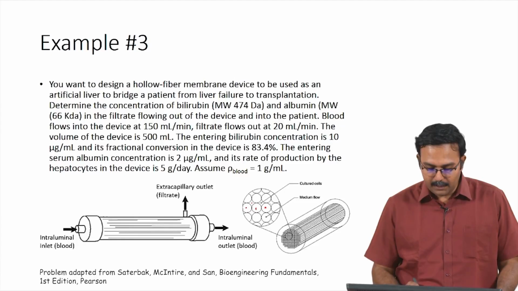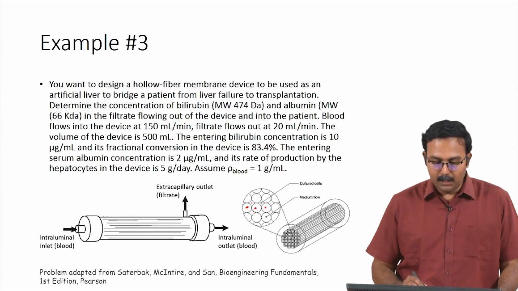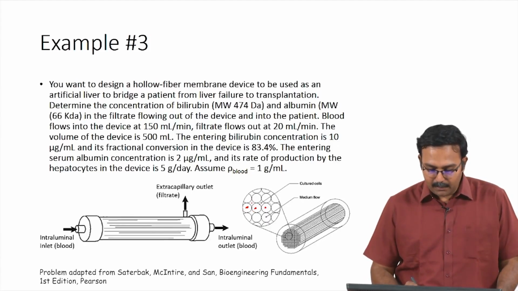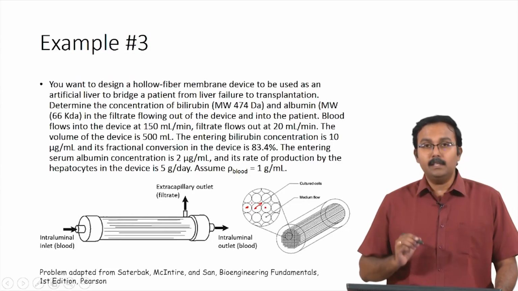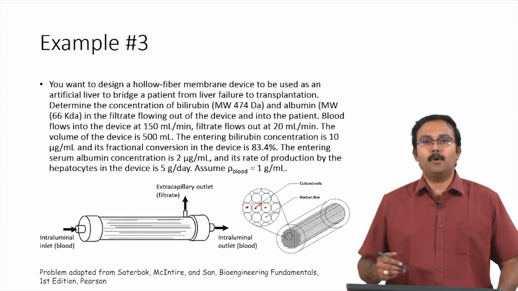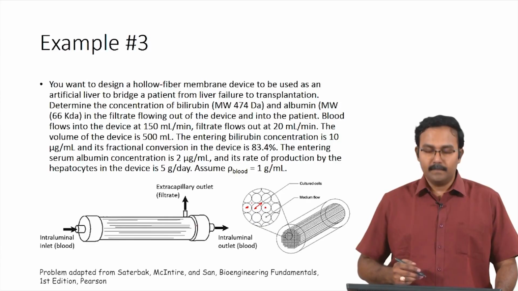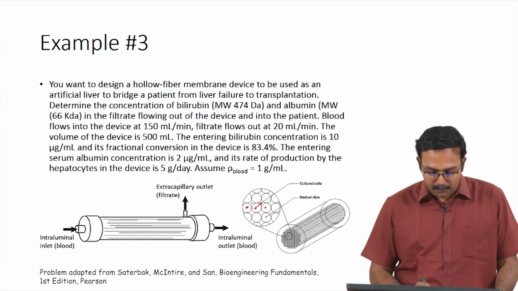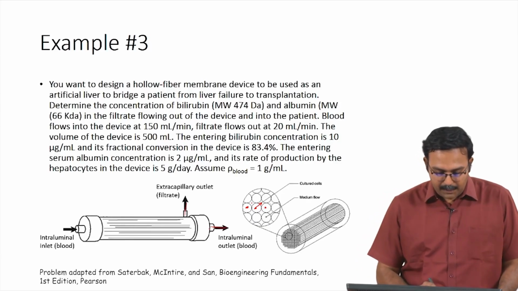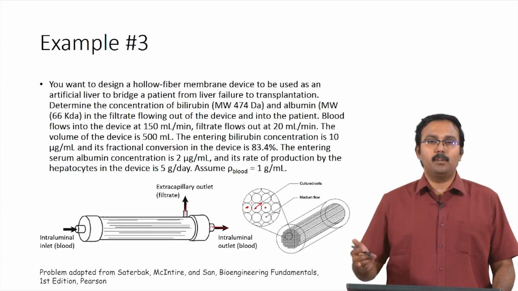While it is flowing through these tubes, because there is a fiber surrounding them, some of the filtrate will get filtered and enter into the space between these tubes where it gets acted upon by the cultured cells, thereby purifying the blood. The filtrate which comes out from the extracapillary outlet is mixed with the intraluminal blood to finally be sent back into the patient as purified blood.